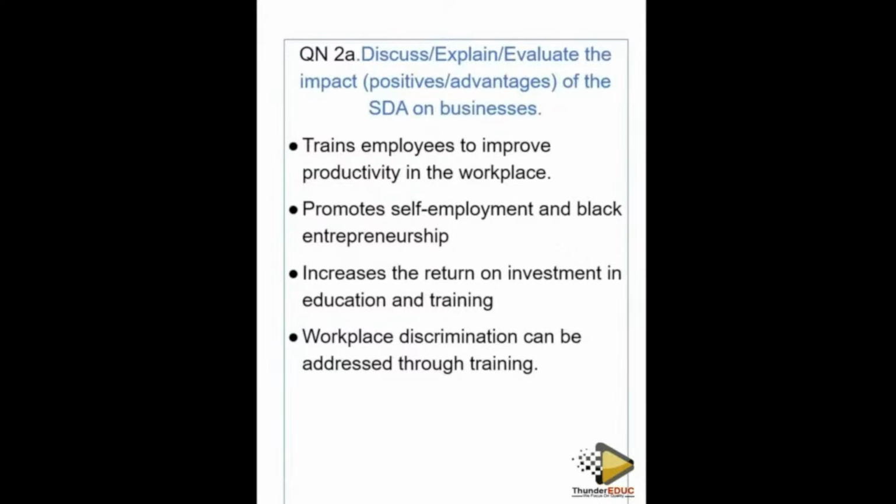At the workplace, remember, most of the employees who are more qualified than others look down upon those who are not qualified. So now this act helps at least to minimize that gap of discrimination of people who are more educated than those who are not educated.